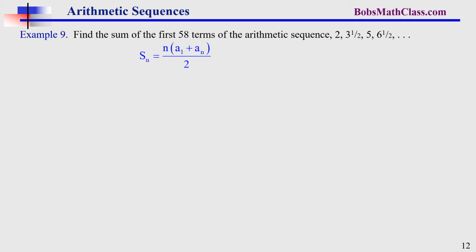So we're going to use our a sub n formula. Plug in a1 is 2. Let's see, what is d? D is going to be 1.5. So a1 is 2, d is 1.5, and n is 58.